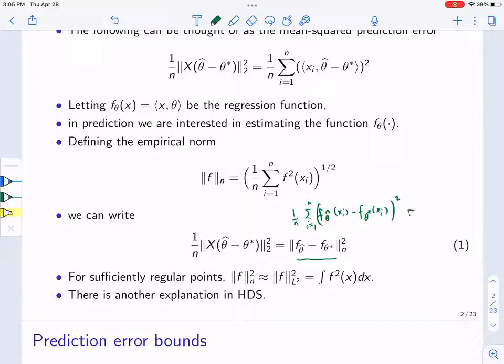This is an approximation of the population level L2 norm, the P of x, if x_i is random. So this is a metric that we can use to measure the predictive performance, how well I'm estimating the functional relation.